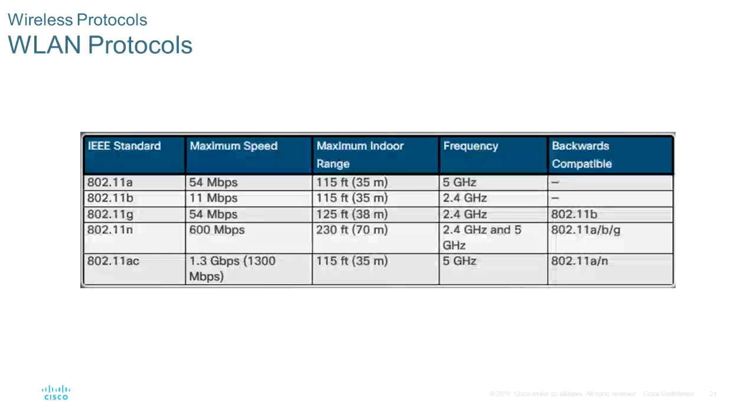Generally 5 is supposed to be the more stable, but yes, it is more susceptible to interference than 2.4.